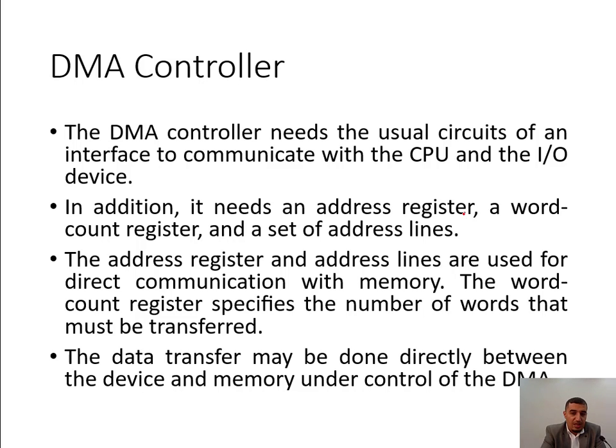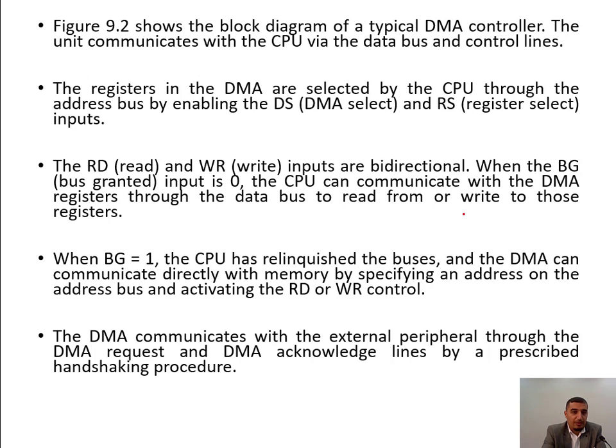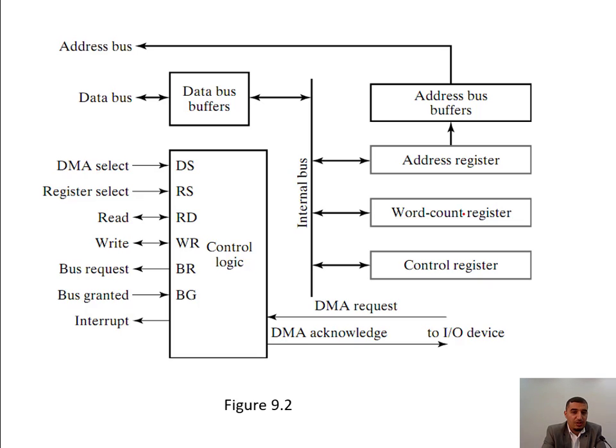The address register and the address lines are used for direct communication with the memory. The word count register specifies the number of words that must be transferred. Finally, the data transfer may be done directly between the device and the memory under the control of the DMA. Figure 9.2 shows us all of this in detail.